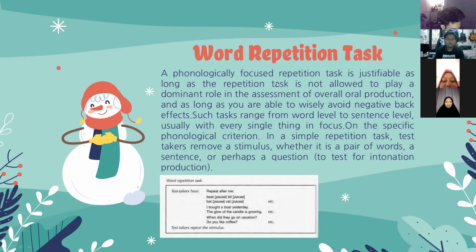So in the word repetition task, the test taker will hear a sentence or a word that will be spoken by the administrator or teacher, and then the test taker repeats the word.